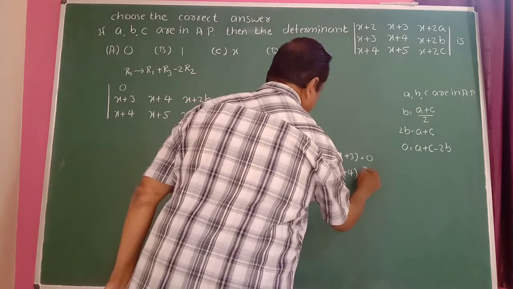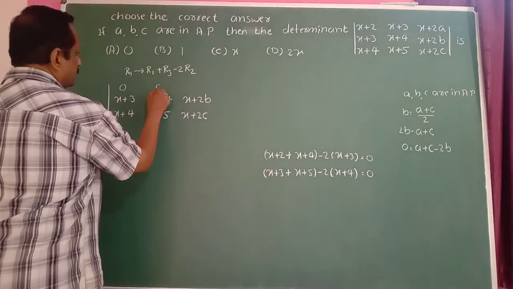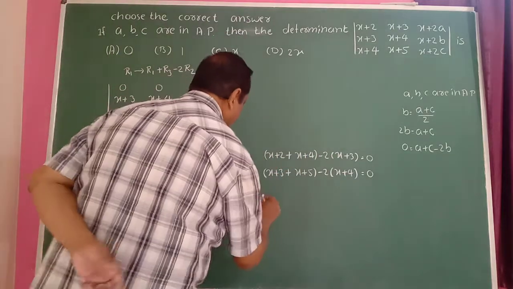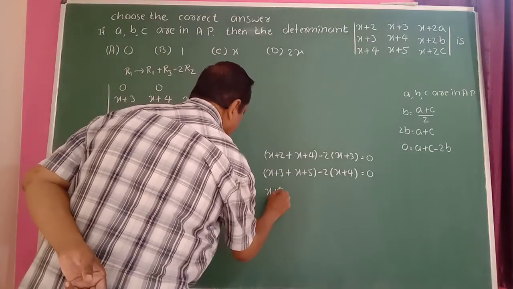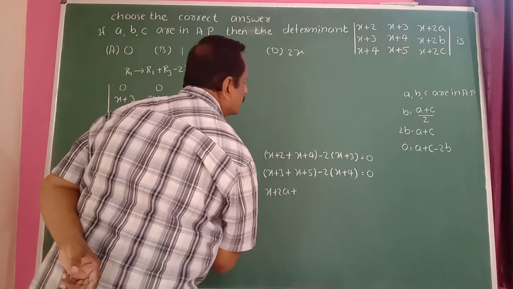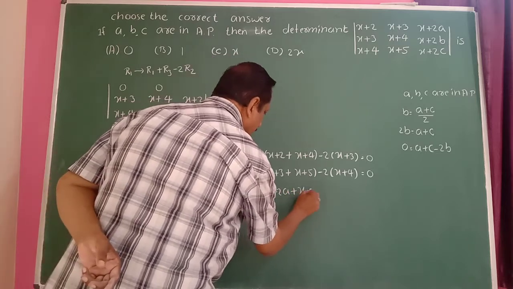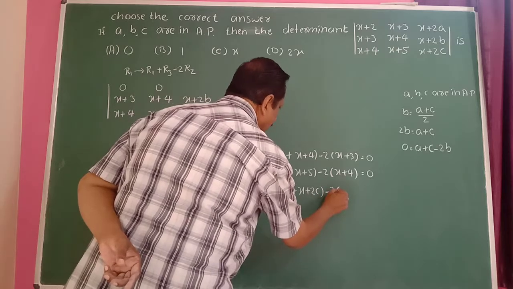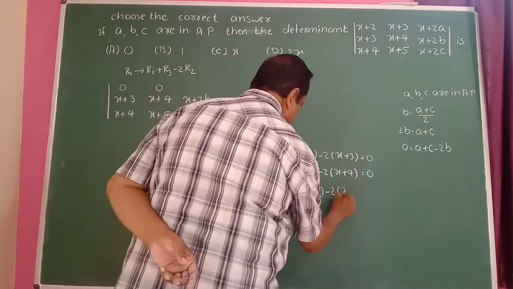So 8 minus 8 is 0. So therefore this is also 0. Then the last one, x plus 2a plus x plus 2c minus 2 into x plus 2b.